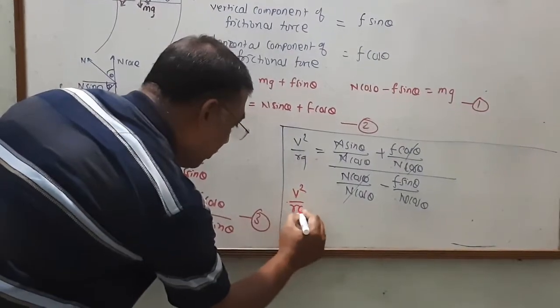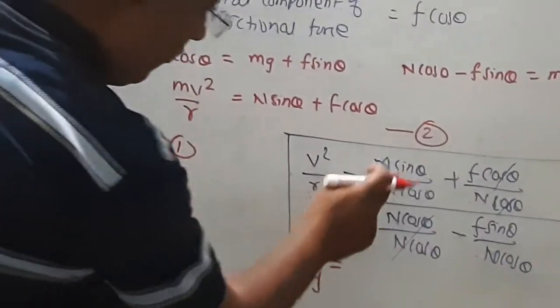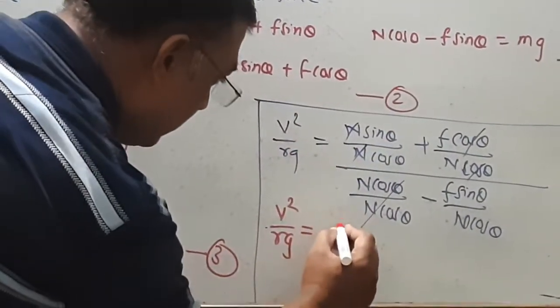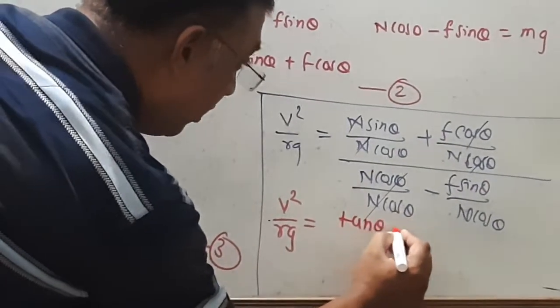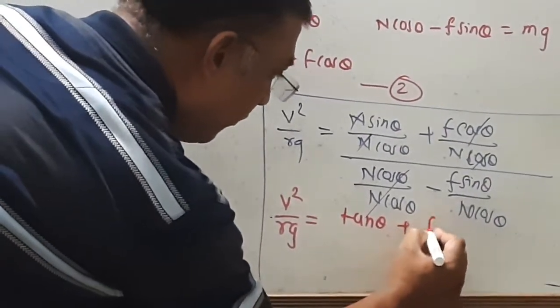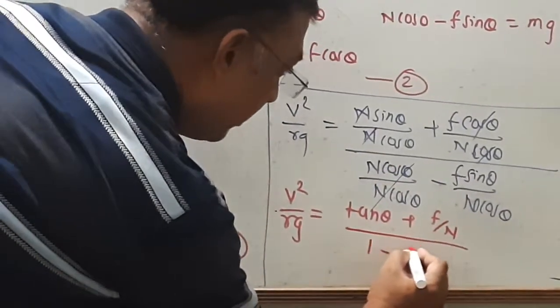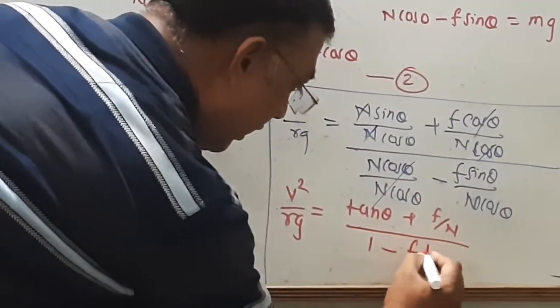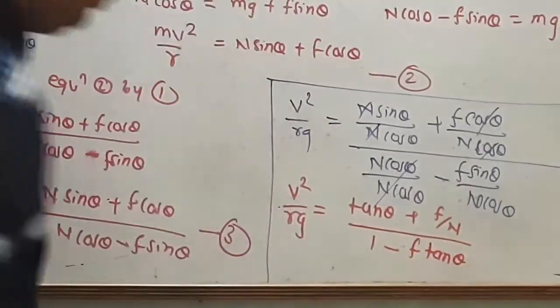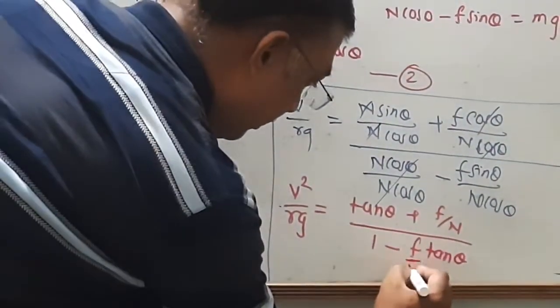That is v square upon rg is equal to, what are the terms that lie here? That is nothing but tan theta plus f upon n here, over 1 minus f by n tan theta.